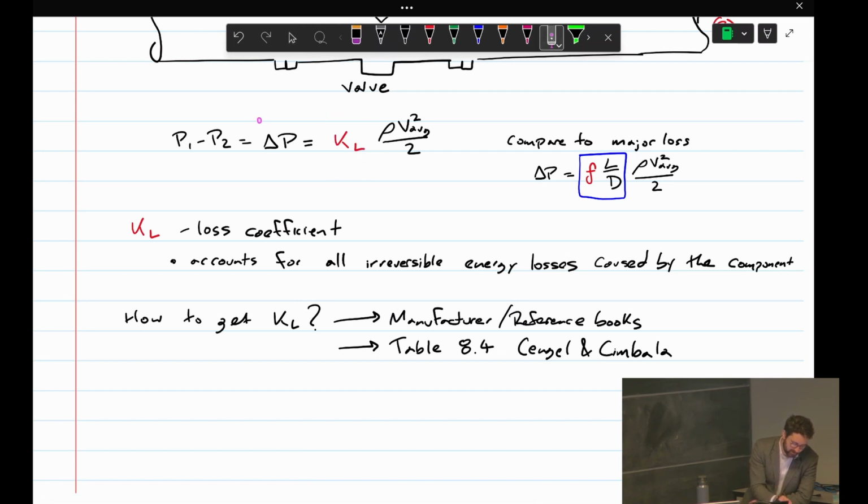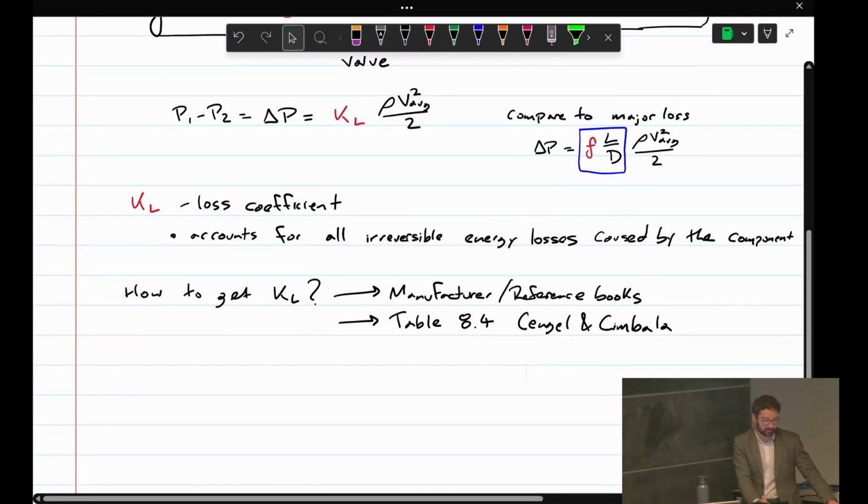So if you measure the pressure drop across this valve in CFD or experiments, and you know the velocity and the density of the fluid, you could calculate the KL for your valve. And that's actually a really good question because later on we're going to see how some flow rate measurement equipment actually works under this principle.